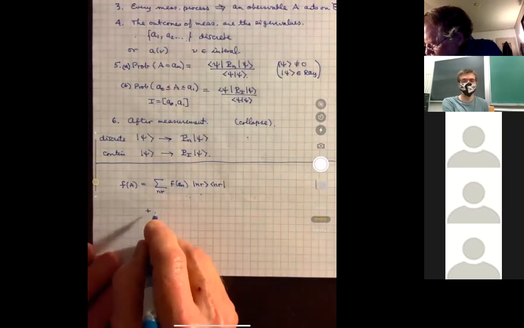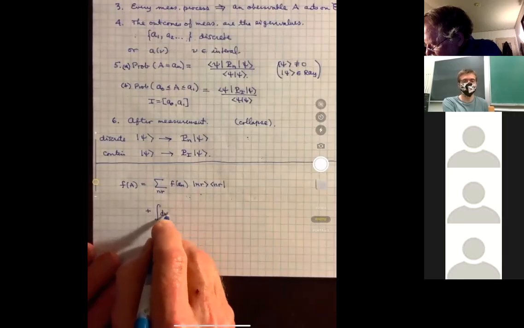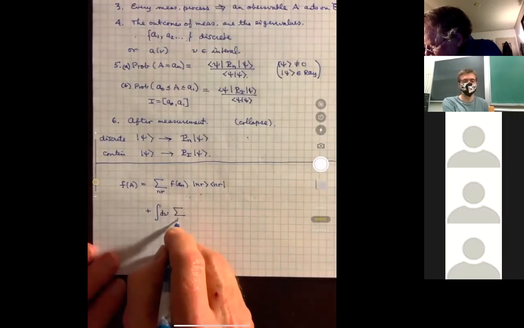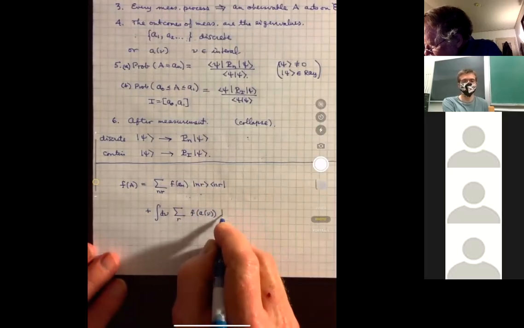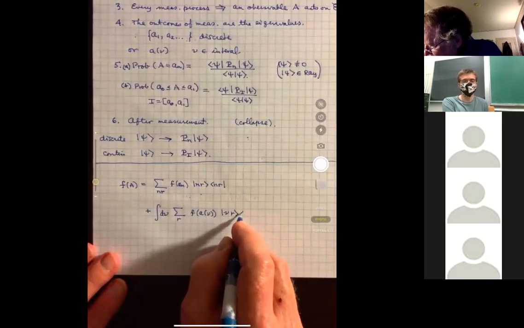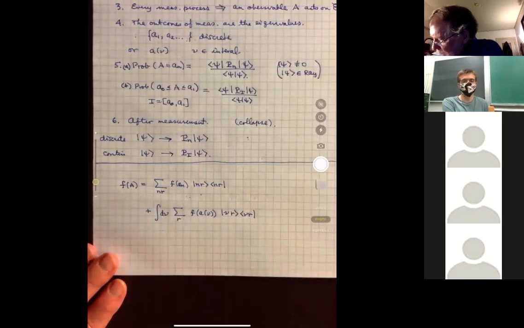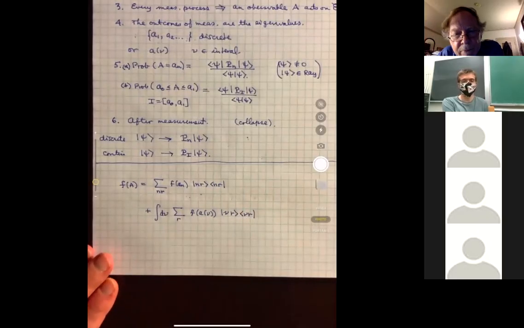And then for the continuous spectrum, it's an integral over nu, and a sum over r, of f of a(nu), then |nu r><nu r|. Now, is that different from what's in the notes? No, that's what's in the notes.